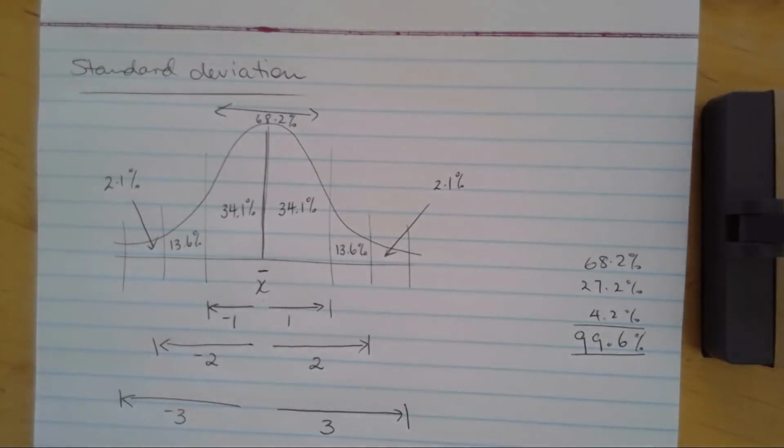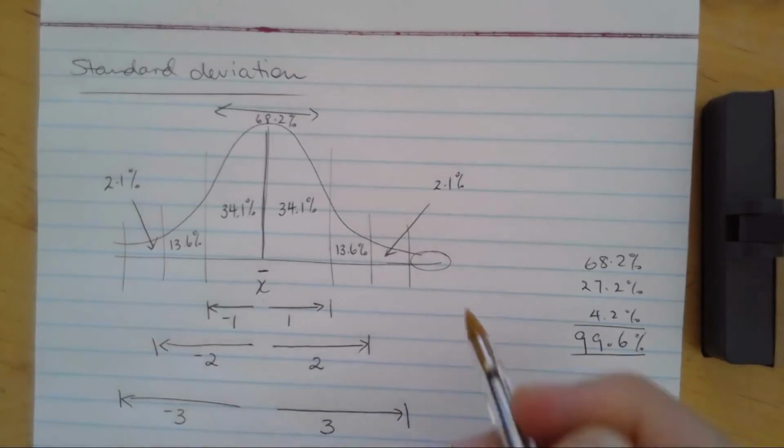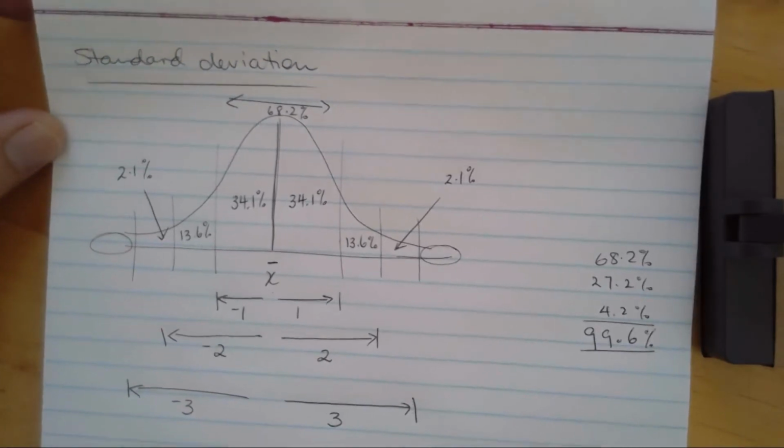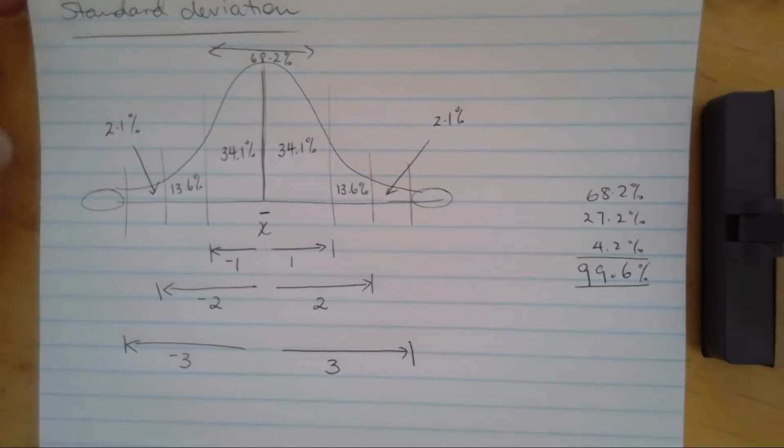So it doesn't quite include the whole 100. There's a slight percentage of data that lies beyond 3 standard deviations, but 3 standard deviations above and below generally captures most of the population.